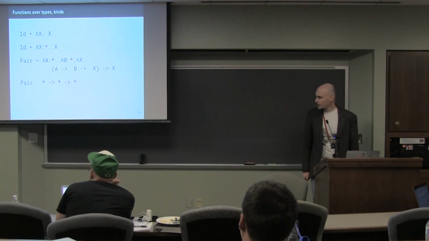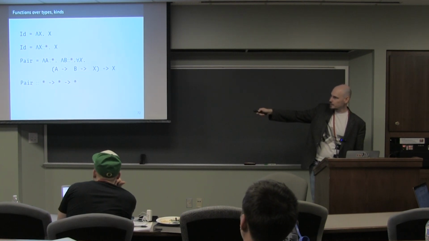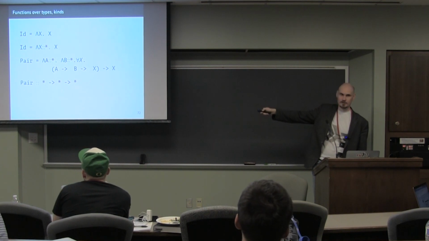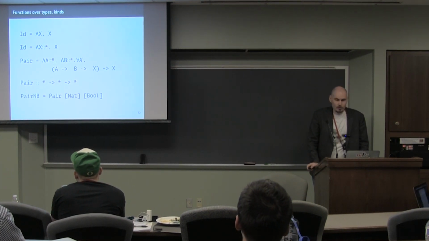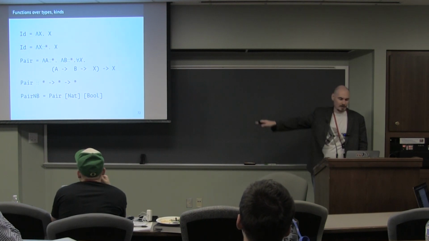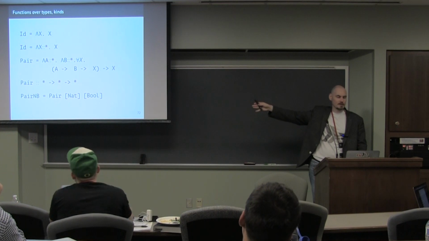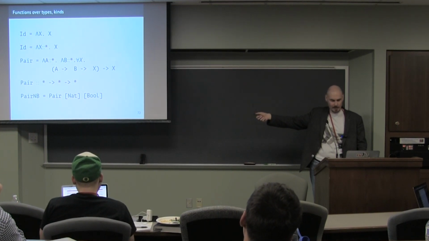And you can find out the kind for these pairs. You should provide one type, another type, and then you get a third type as a result. And also you have type application here. So this is exactly a pair of naturals and bools, 2 type applications. So these are functions over types, and we can work with them using kinding instead of typing for values.